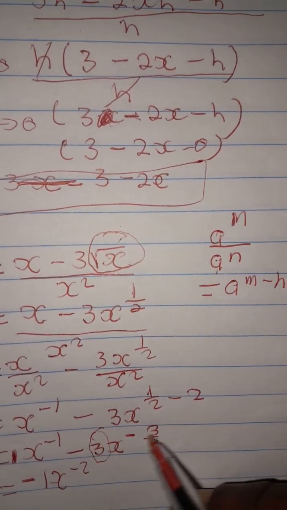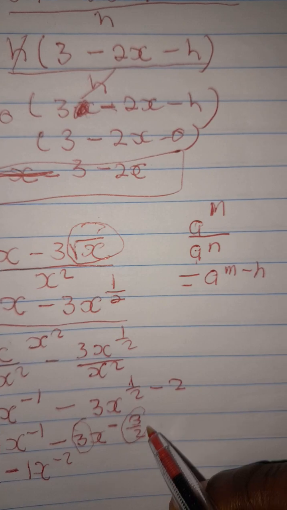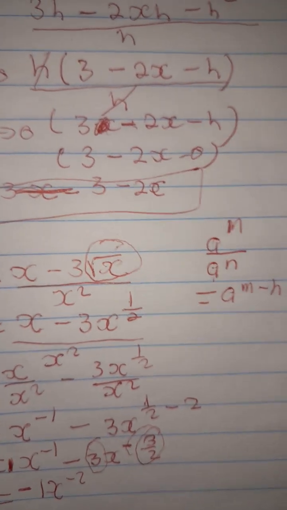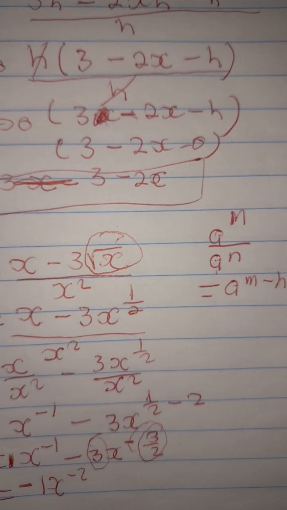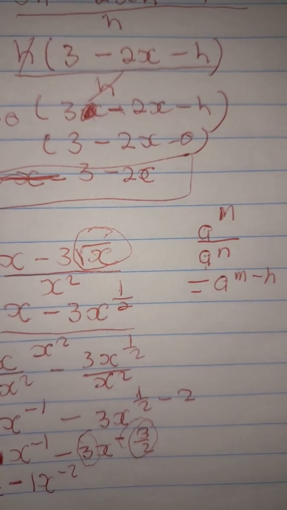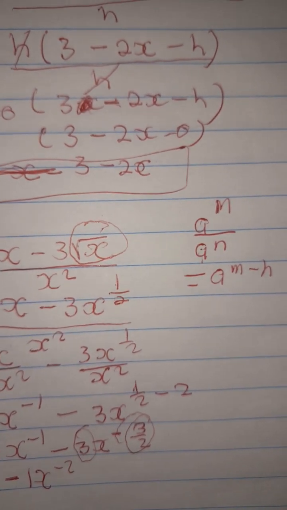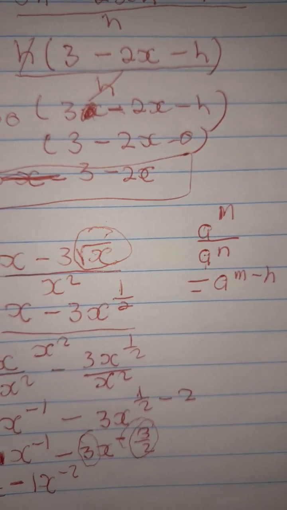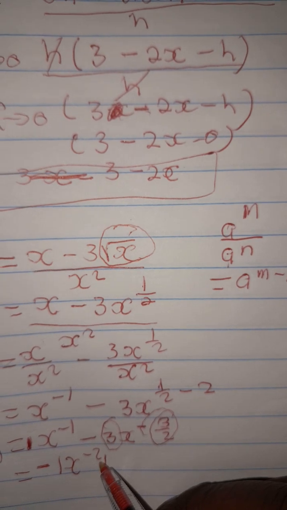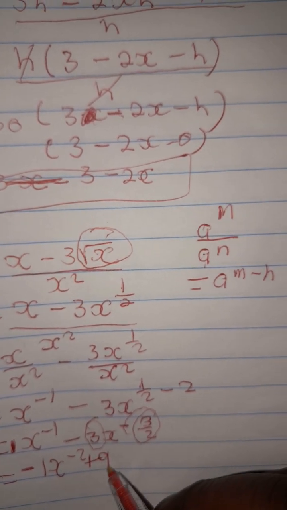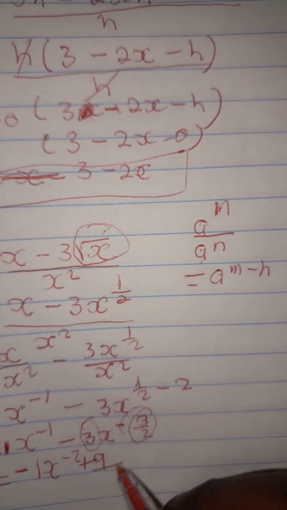Negative 3 multiplied by negative 3 all over 2. What are we getting? 9 all over 2. So we are getting positive 9 all over 2.